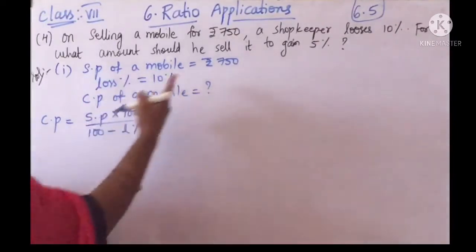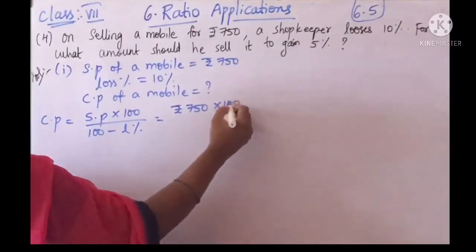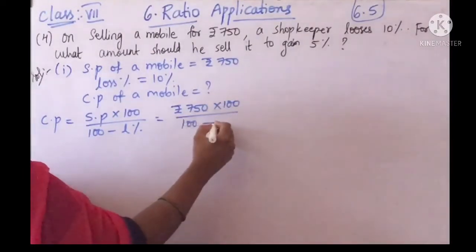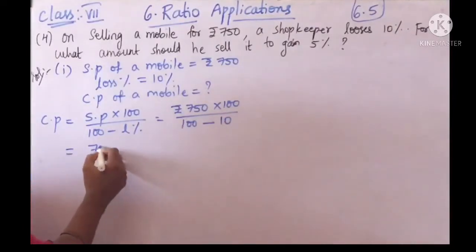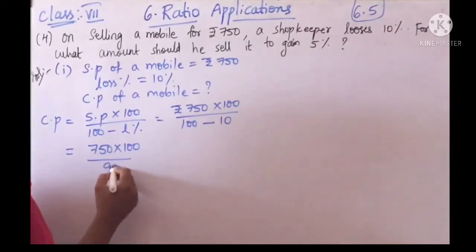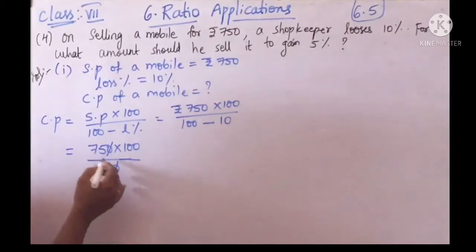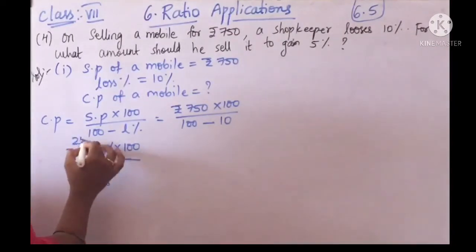So what is SP here? Rupees 750. 750 into 100 by 100 minus, what is the loss percentage here? 10. That is 750 into 100 by 100 minus 10 is how much? 90. So when I cancel the zeros, 3 nines are, 3 twos are, 5s are.